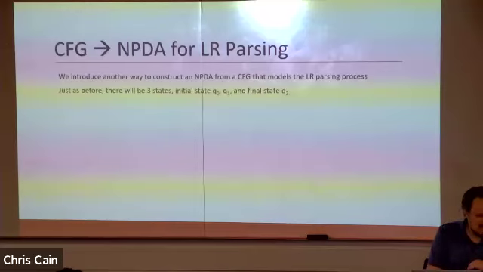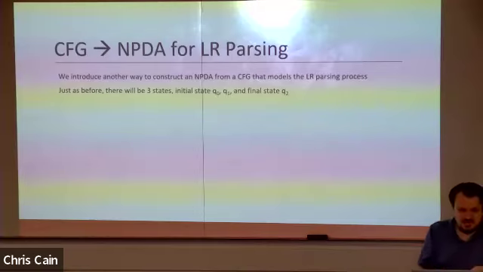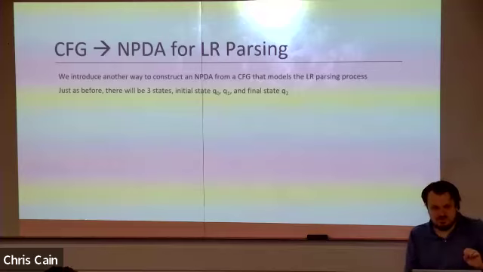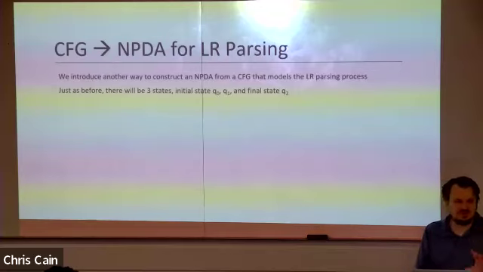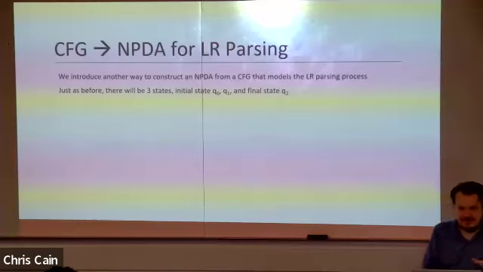We're going to use the same three states, Q0, Q1, and Q2. In LL, we moved from Q0 to Q1 when we pushed the start non-terminal onto the stack. We did a bunch of processing in Q1, and then once the stack was empty, we transitioned over to Q2, and if there were no other symbols left in the string to read, then we could accept.